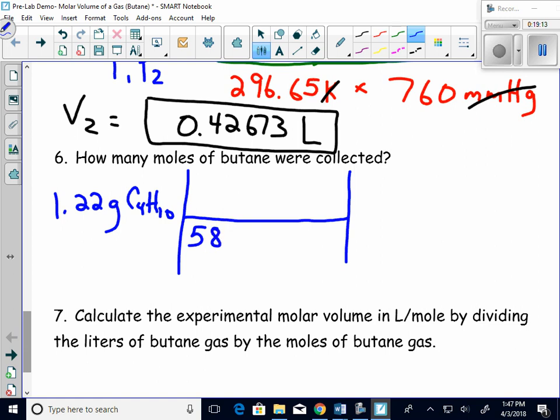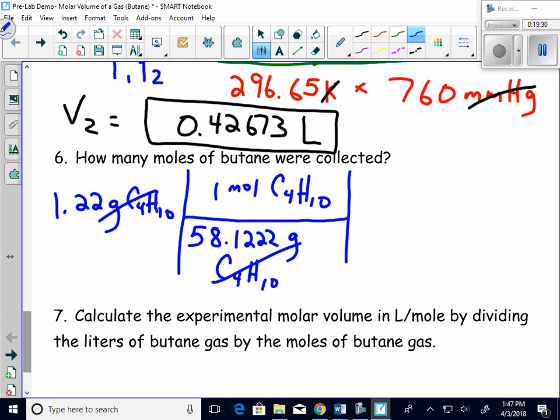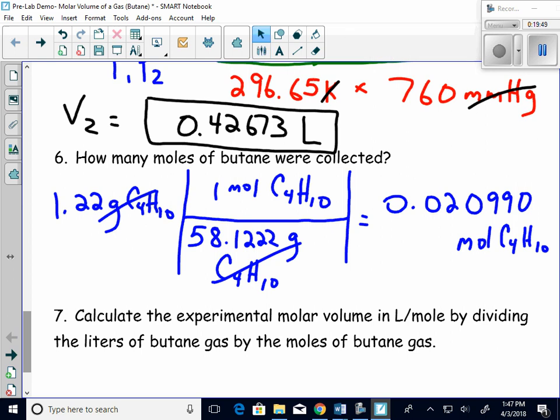That value is 58.1222 grams of C4H10 is equal to 1 mole of C4H10. I get my grams to cancel. I do my math, and this comes out to 0.020990, and that's moles of C4H10. Moles of butane. That's just a flux capacitor move.